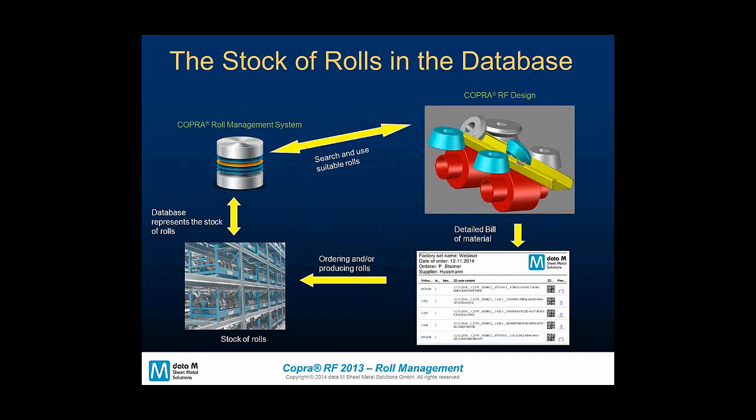And this interaction also occurs directly between our roll stock and the database, because the database represents the stock of rolls in the system. So everything is kind of integrated and there's a flow of information to and from the database, both for the RF design user and the guy looking after the tooling inventory.